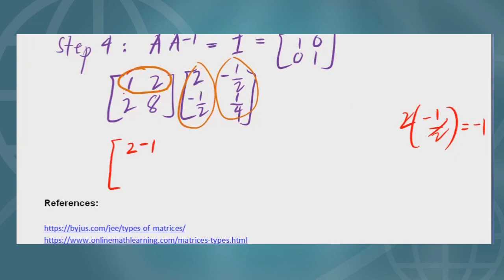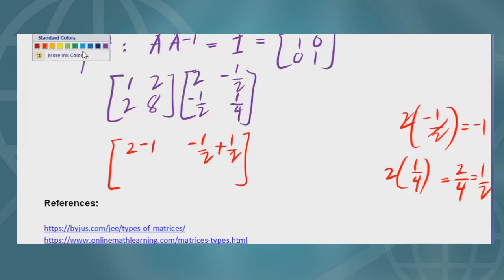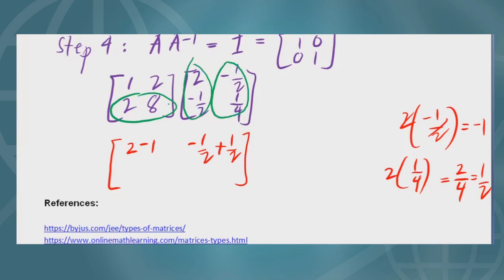And then 1 times negative 1/2 is negative 1/2. And then 2 times 1/4 is 2/4, in lowest term 1/2. So positive 1/2.